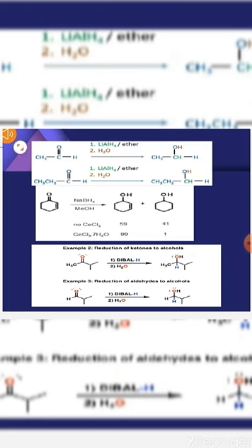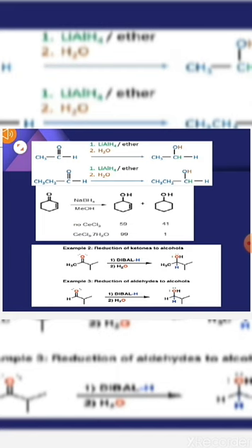Here, examples are given for the reduction process. Aldehydes are reduced in presence of lithium aluminum hydride, in presence of sodium borohydride, and in presence of DIBAL. These three are very important reducing agents. Why I'm especially mentioning this is because these reactions are very important for competitive exams also.